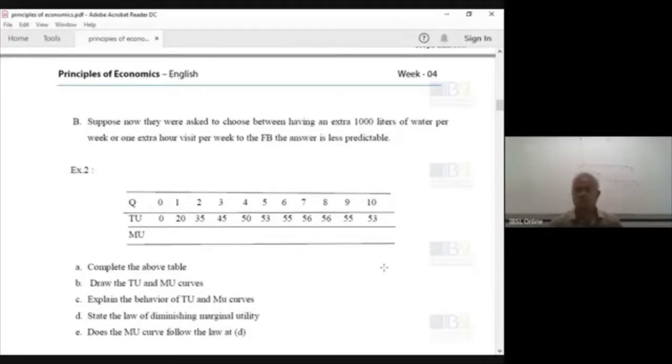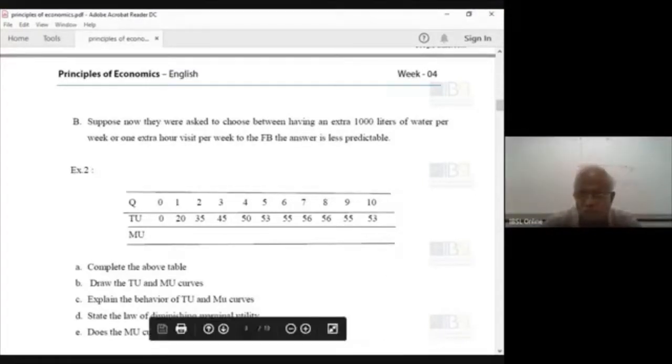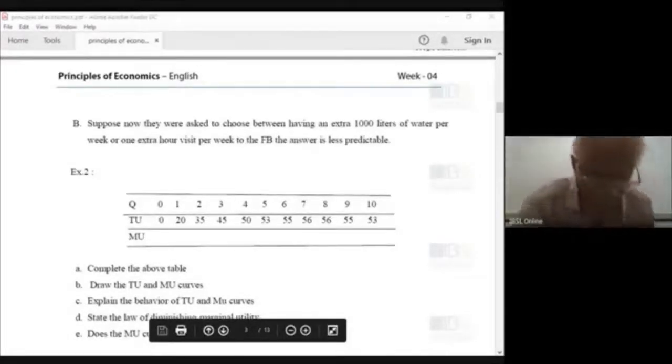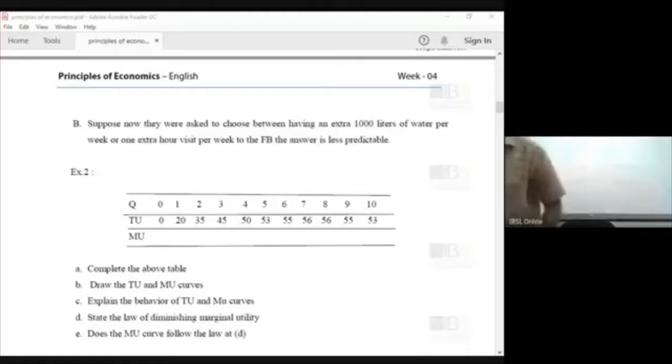It's true for the consumption of any good or service, while total utility is increasing, attains the maximum and then falls, marginal utility is eventually falling. That's very important. Why is it eventually falling? You might question this. Eventually falling means marginal utility might increase here.